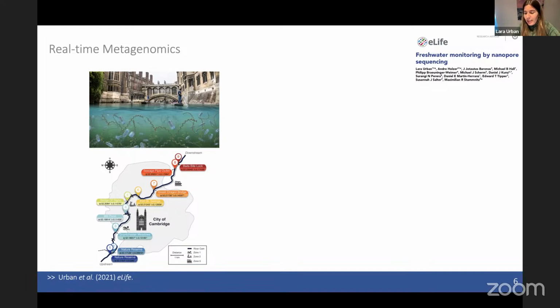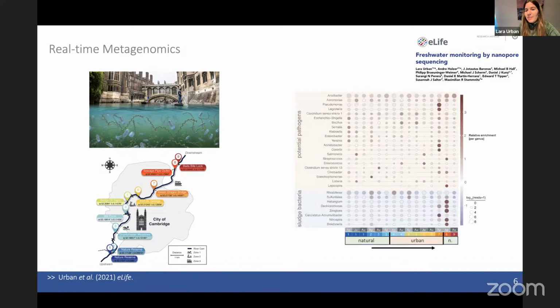I will just show you one result of this study that I think really nicely explains how this real-time genomic approach can elucidate the One Health concept. What you see on this figure, on the y-axis, are all sorts of potential microbial pathogens that we found in the freshwater samples.